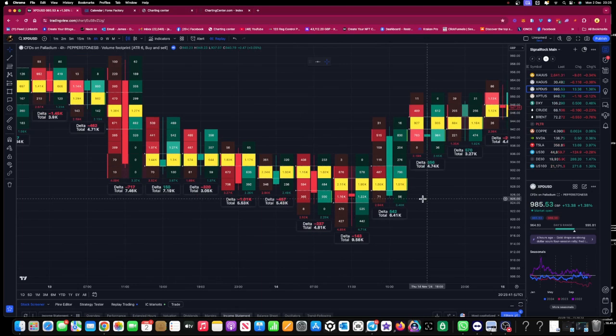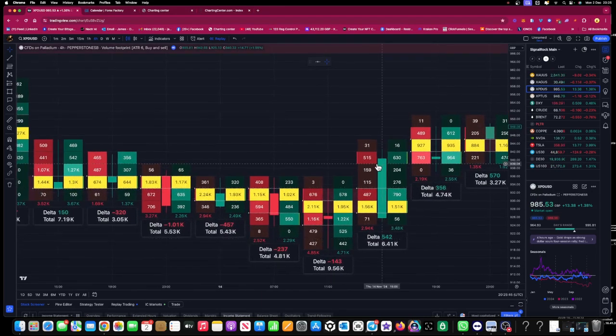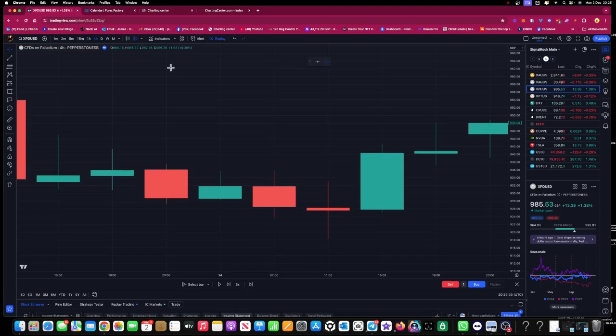So that was a possible start to potentially buy. Then you're going to zoom in. There's that bar.